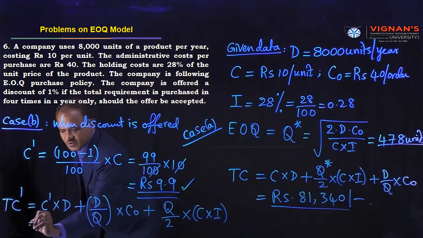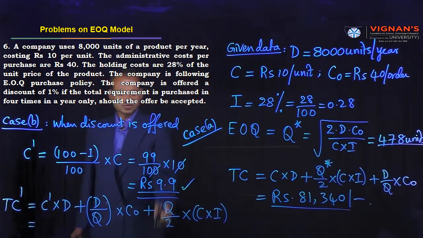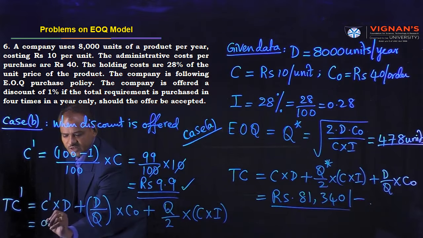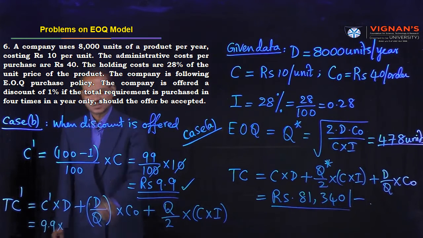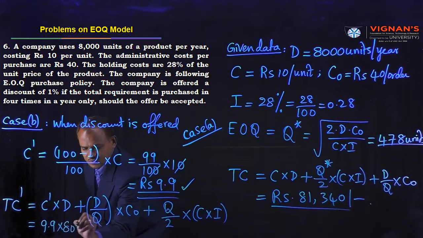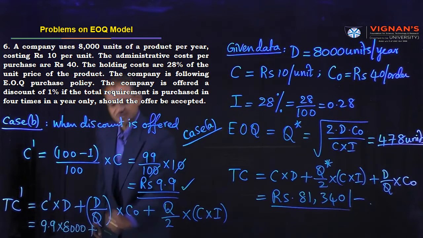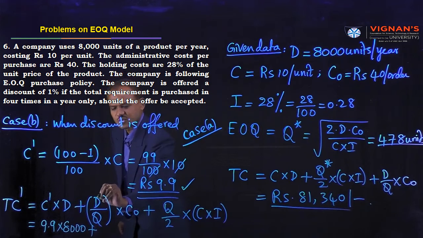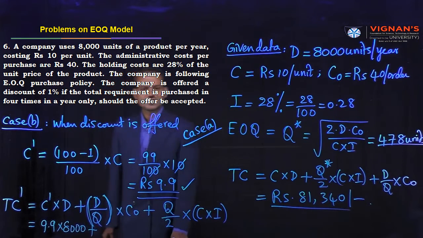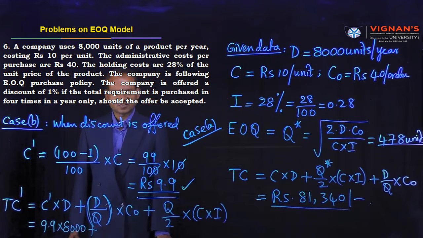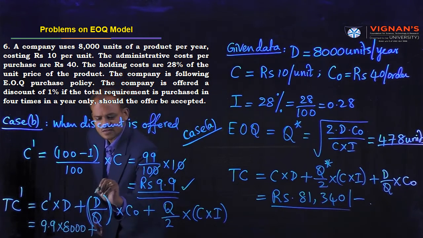So substitute all the given values. C dash is equal to 9.9. D means how much? 8,000, plus D by Q. What do you mean by D by Q? D by Q is nothing but the number of orders placed in a year.